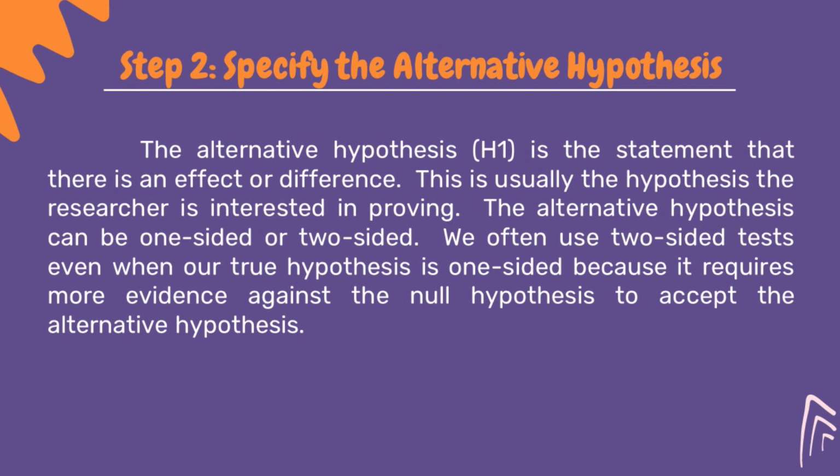The alternative hypothesis can be one-sided or two-sided. We often use two-sided tests even when our true hypothesis is one-sided because it requires more evidence against the null hypothesis to accept the alternative hypothesis.